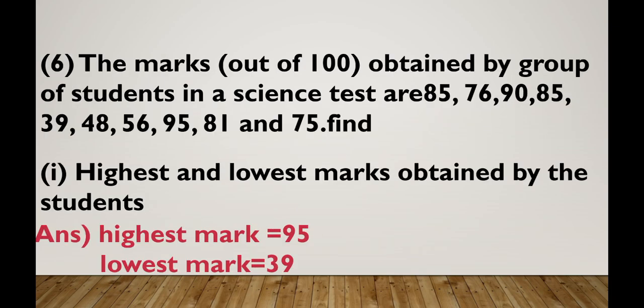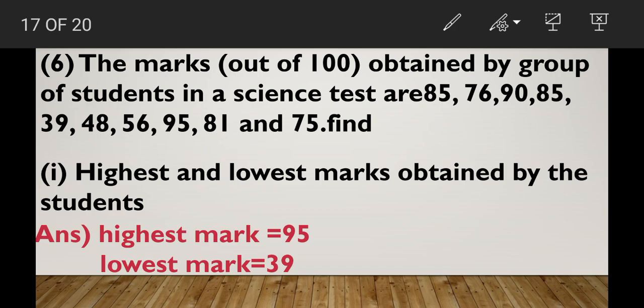Now next, sixth question. Marks out of 100 obtained by group of students in a science test are 85, 76, 90, 85. So how many marks are here? You have to count. 1, 2, 3, 4, 5, 6, 7, 8, 9, 10.